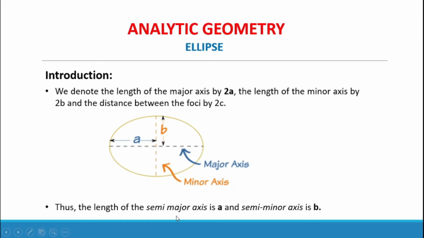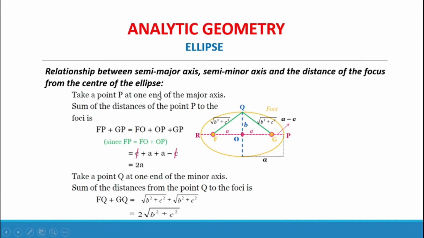Thus, the length of the semi-major axis is a, and the semi-minor axis is b. Now the relationship between the semi-major axis, the semi-minor axis and the distance of the focus from the center of the ellipse: take a point P at one end of the major axis.